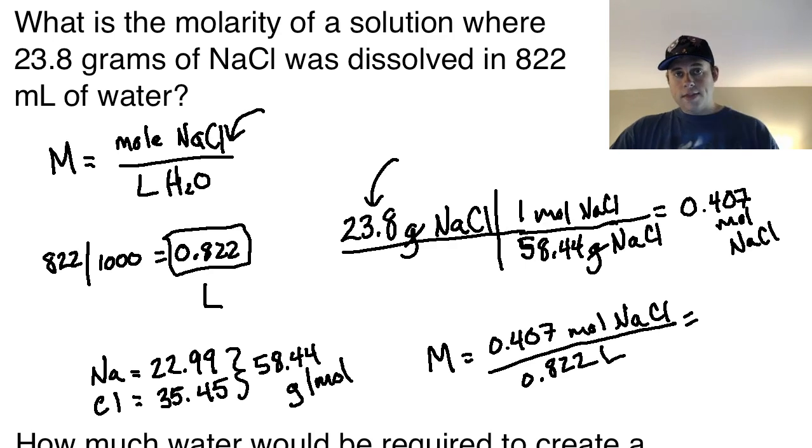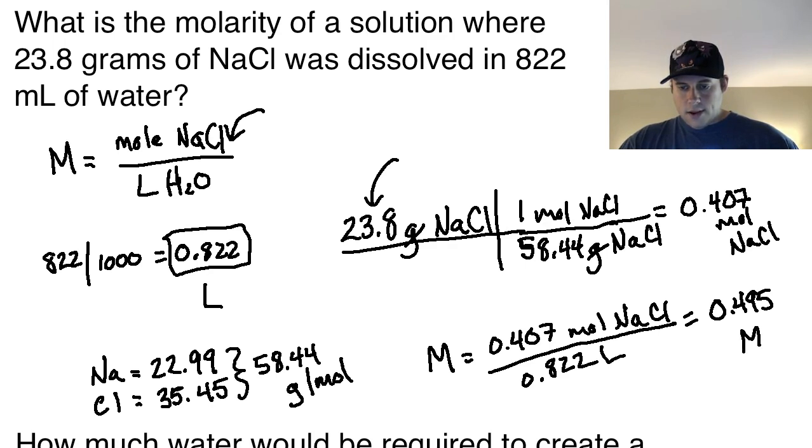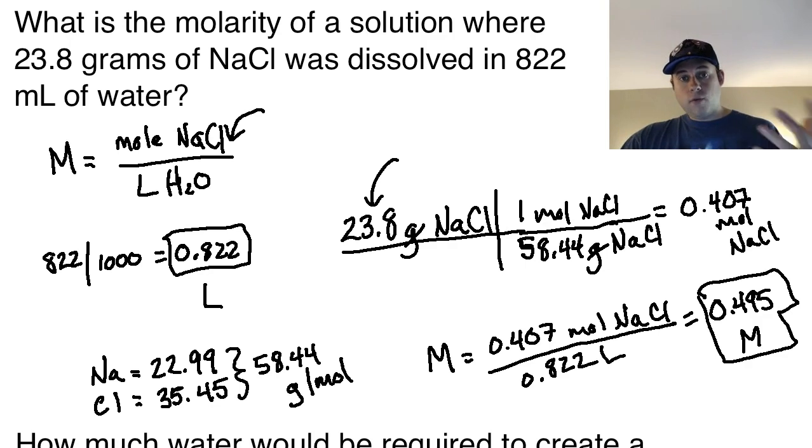If I run this equation through and do the arithmetic, I find that 0.495 should be the molarity of the solution, again minding my significant figures. And that's how I would do a straightforward problem where I'm told the amount of solute and the amount of solvent, and I can find the molarity.